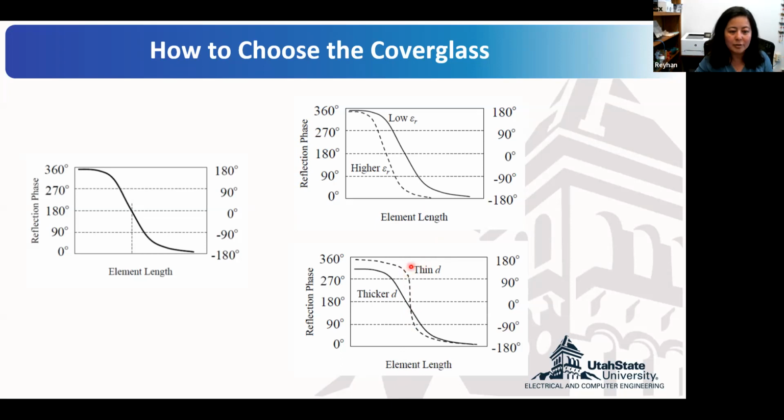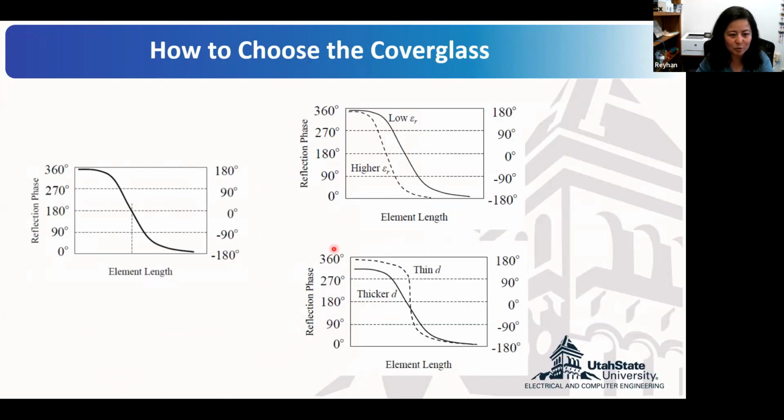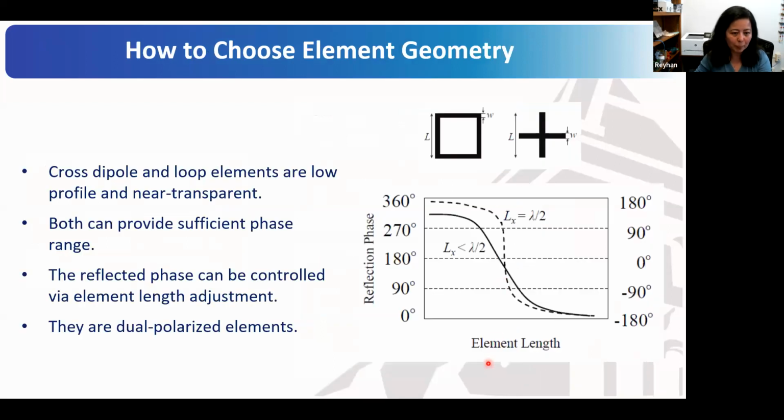And here, a thin substrate makes it steeper, and a thicker substrate gives a less steep curve, but of course we will lose a little bit of phase angle, but sometimes that's a sacrifice we want to make.